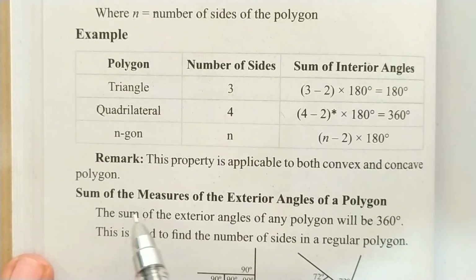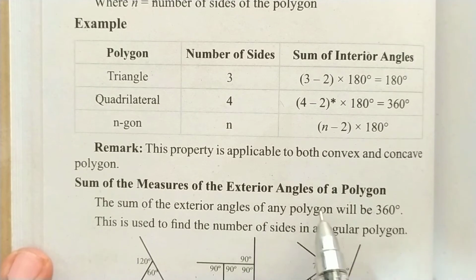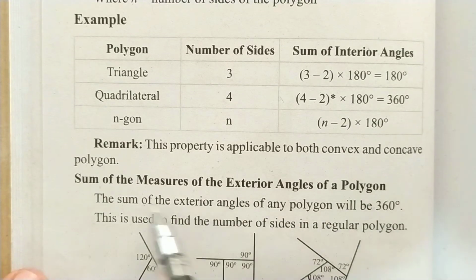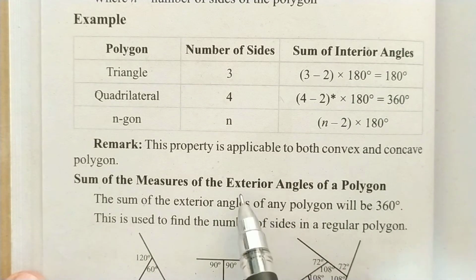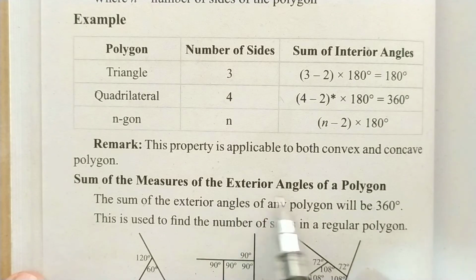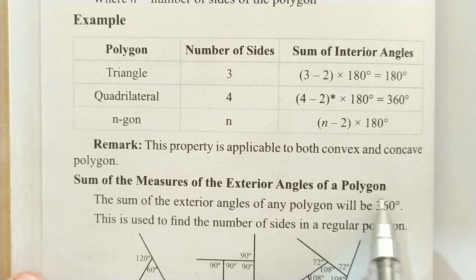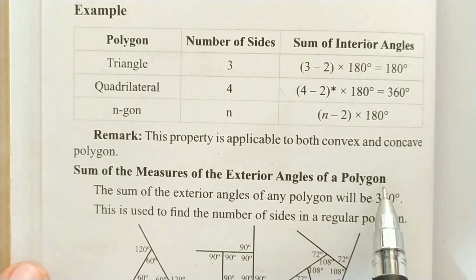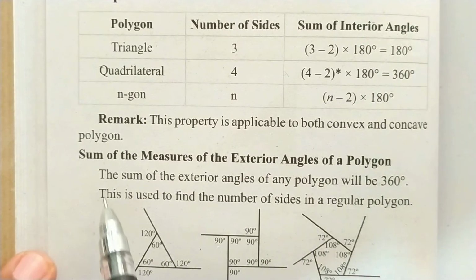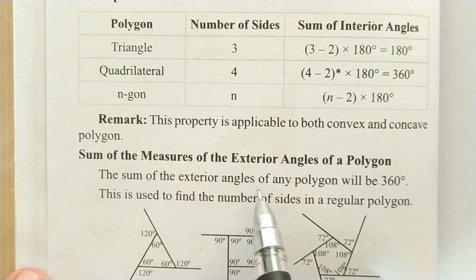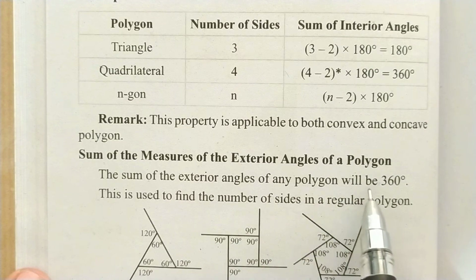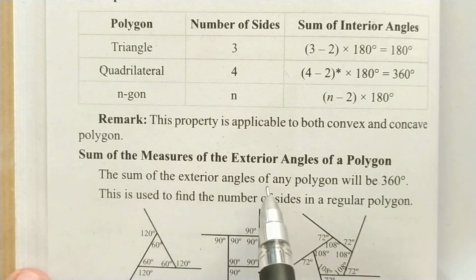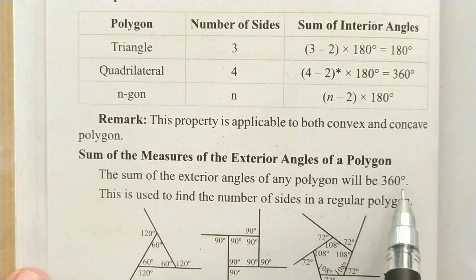Next point, the sum of the measures of the exterior angles of a polygon. The exterior angles are nothing but the outside angles of a polygon. Now here you see, the sum of the exterior angles of any polygon will be 360 degrees.